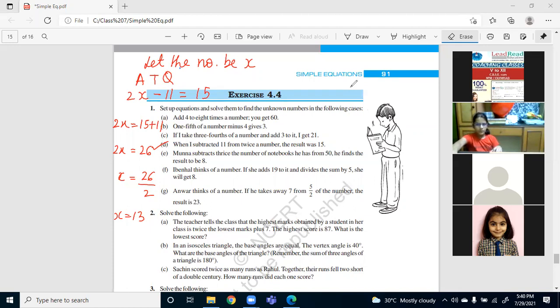Yes, Samraj. Ma'am, I think, ma'am, the answer is 19.21, ma'am, approx. No, it is again wrong. Is it done? So I will solve it up.